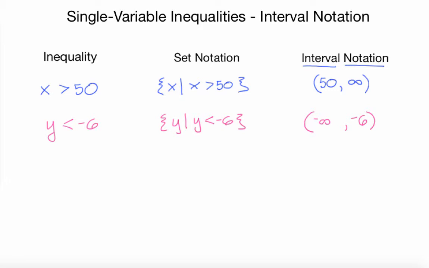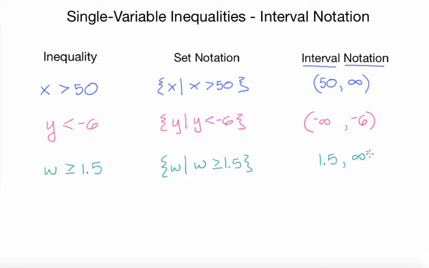Now let's look at a couple of examples with greater than or equal to. Let's do w is greater than or equal to 1.5. In set notation, w such that w is greater than or equal to 1.5. In interval notation, it's slightly different. 1.5 is my bottom end boundary, so I put 1.5 on the left, and it goes up to infinity. This represents 1.5 and anything bigger than 1.5 is fair game.